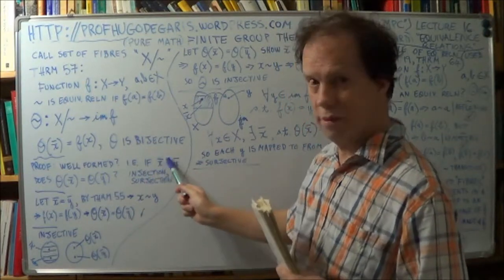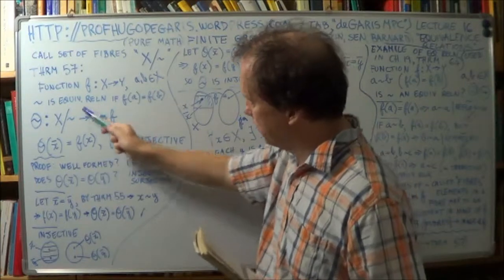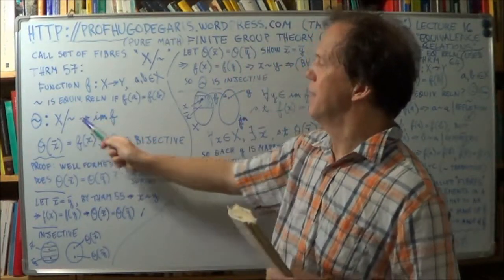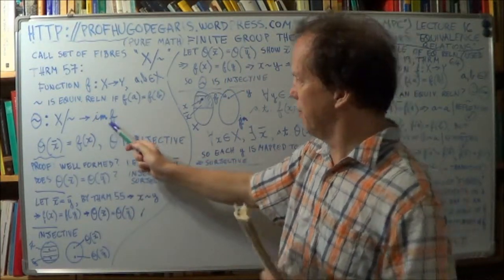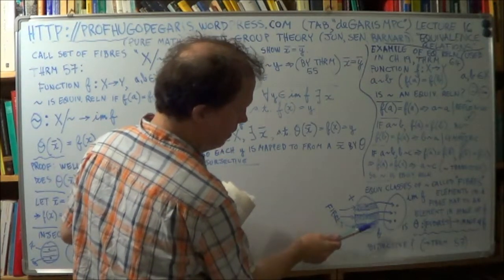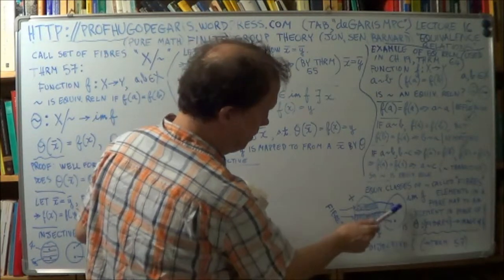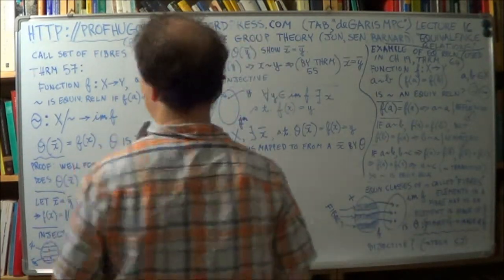That's the theorem that we'll try to prove. We'll try to prove that this mapping maps this set of fibres into the image of f. That's the set of these points that each of these fibres or equivalence classes maps into. Right? That set. Okay.